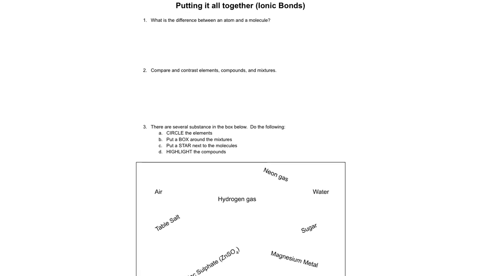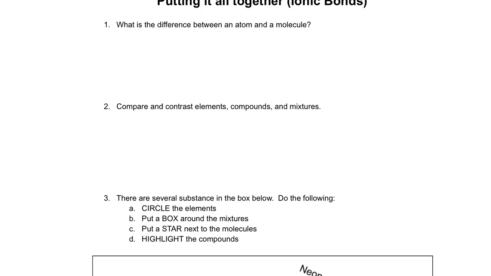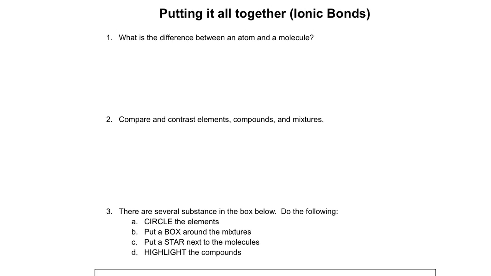The first question here is, what is the difference between an atom and a molecule? All right, so hopefully this is pretty straightforward. We know that an atom is made up of a single particle, right? It's got protons and neutrons in the middle, and it's got electrons going out on the outside most of the time.